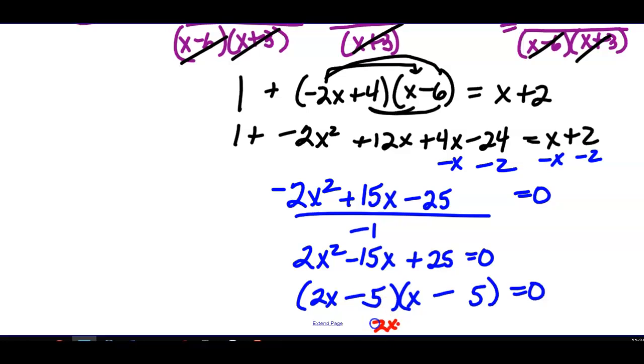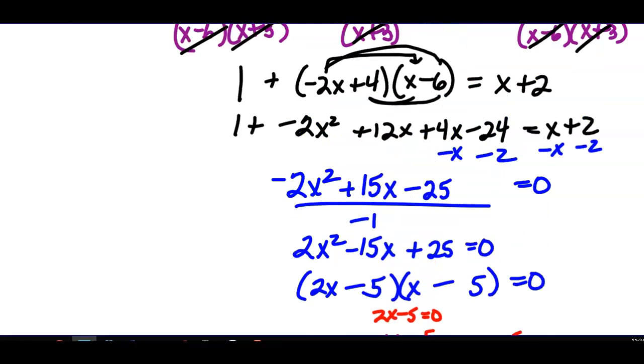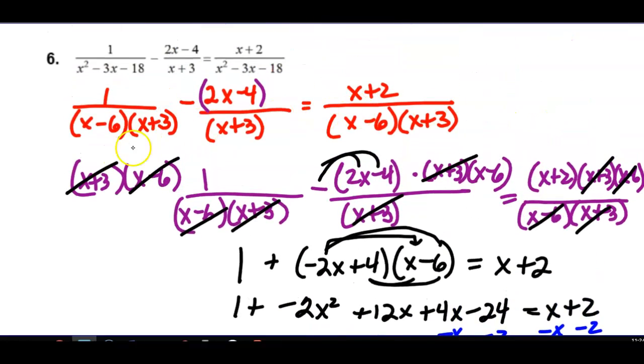All right, if I set this equal to 0, I get x equals 5 halves. If I set this one equal to 0, whoa, I get x equals 5. So I need to go back to the very beginning of this problem and figure out what my domain restrictions were.